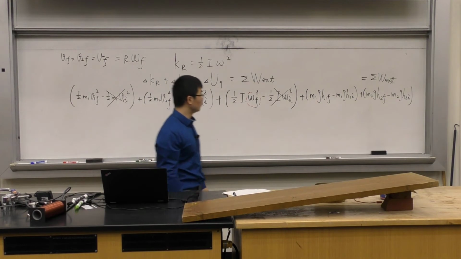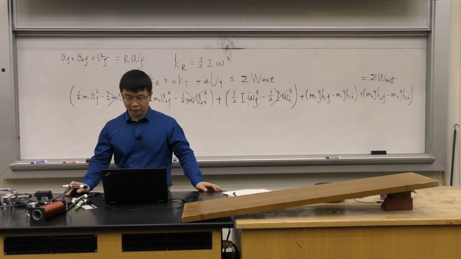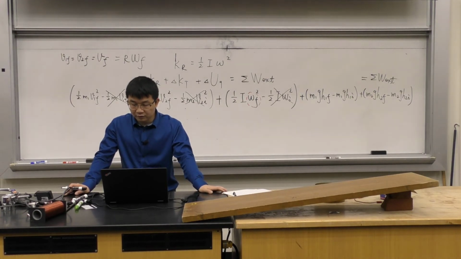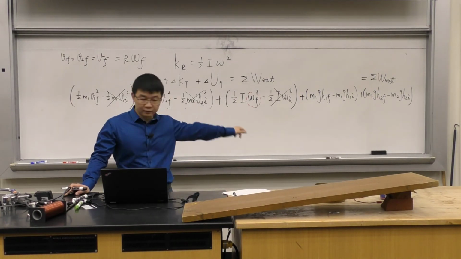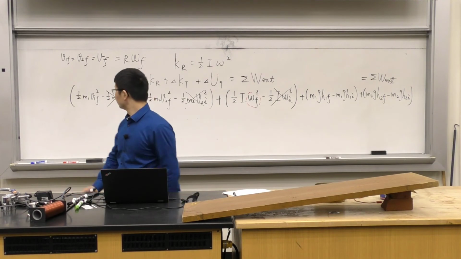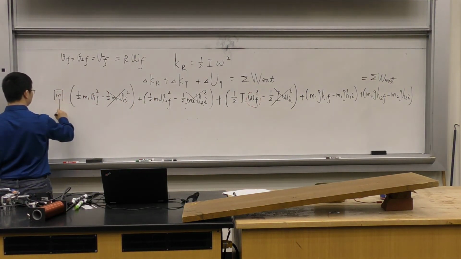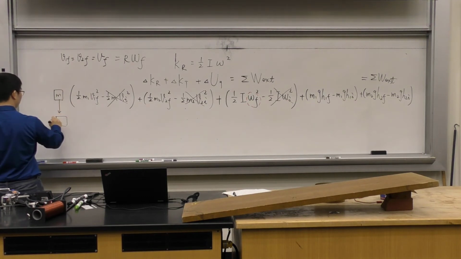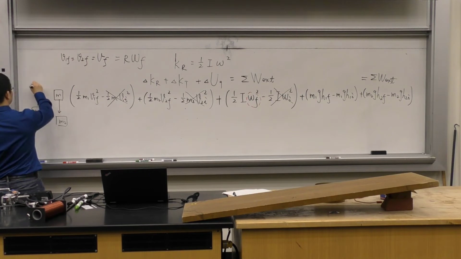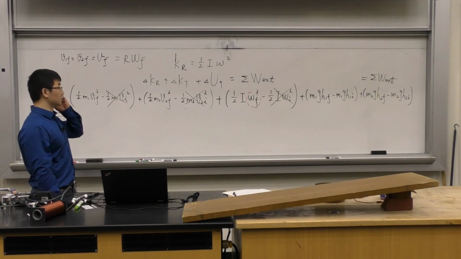Now, what about these 4 heights? Now let's take a look at that problem carefully. We want to find angular speed of the pulley, which is omega F. After M2 falls down a distance 8 centimeters. So M2 falls down, that means M1 goes up 8 centimeters.